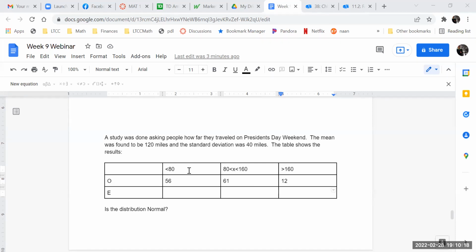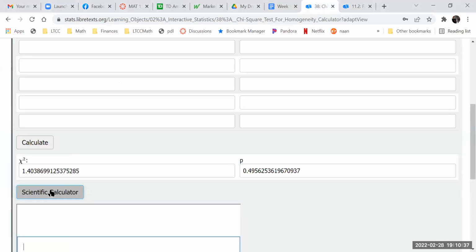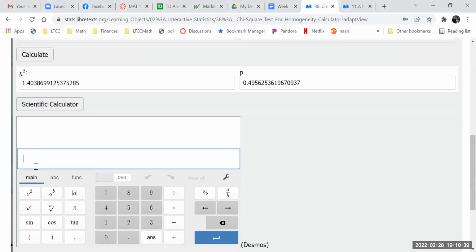All right, so if you look at the observed, we had 56 and 61 is 117 and 12 is 129. So if I pop in a calculator, 129 times 0.68, I get about 88.